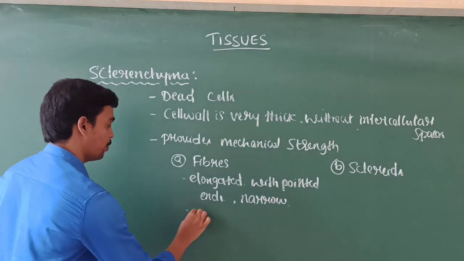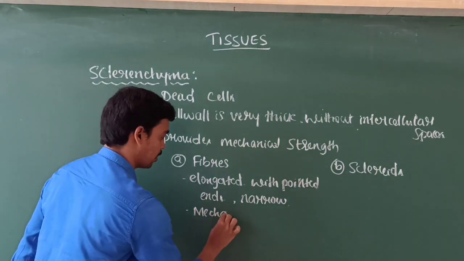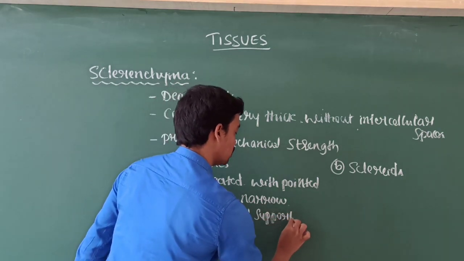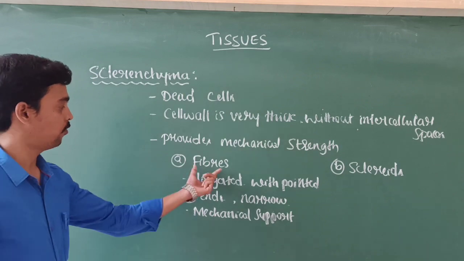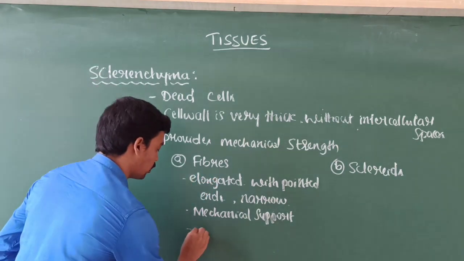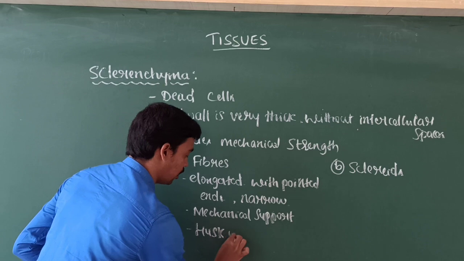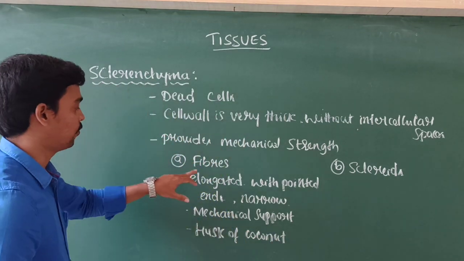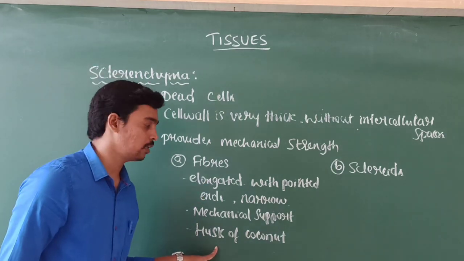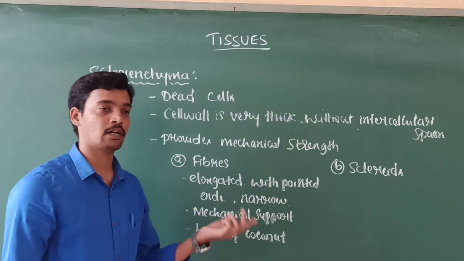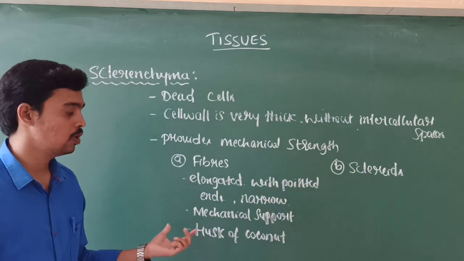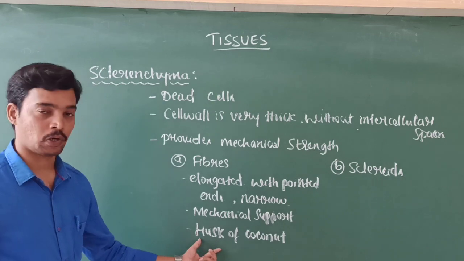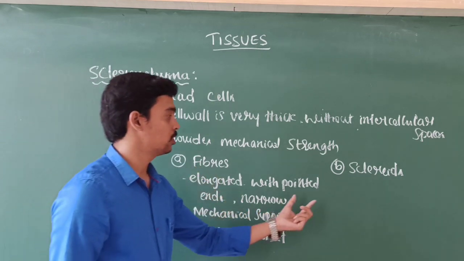The main function is mechanical support. The best example of fibers is the husk of the coconut. Husk of coconut is made up of fibers, and this husk is used in the coir industry, in the manufacture of ropes, mats and brushes also.